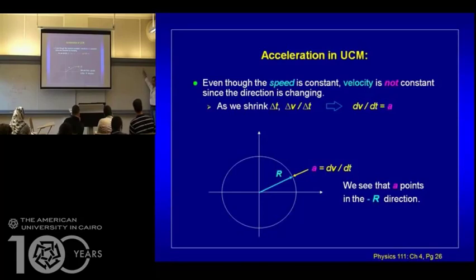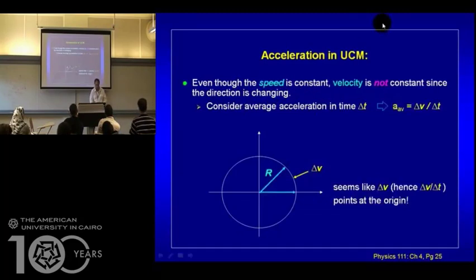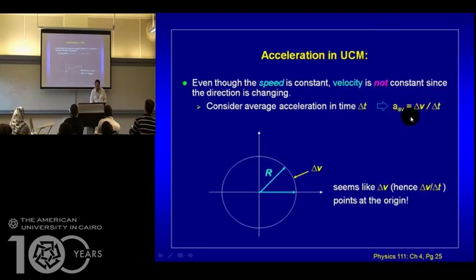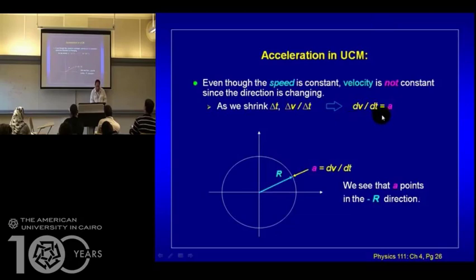If you take delta t to be very small, that means you're getting the derivative. So if I take delta t to be very small, then I'm not getting the average acceleration, I'm getting the instantaneous acceleration. Okay, what is the direction of that acceleration?